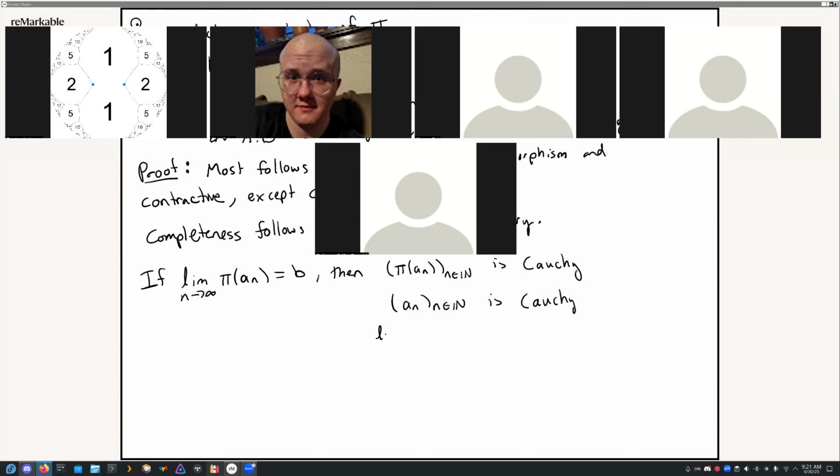So the limit of the a_n exists, and say it's equal to some a. Then pi is an isometry, so it's continuous. So pi of a is the limit of pi of the a_n. And pi of a, of course, is in the image of A. So the image is closed, and since B is complete, the image is complete. So in fact, we have a C-star algebra.